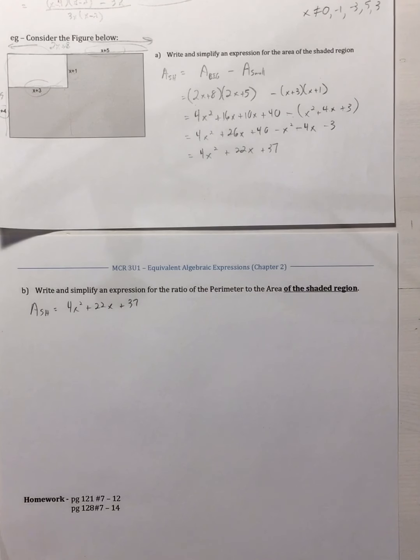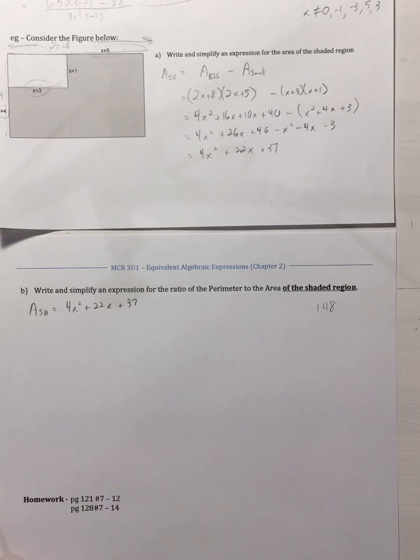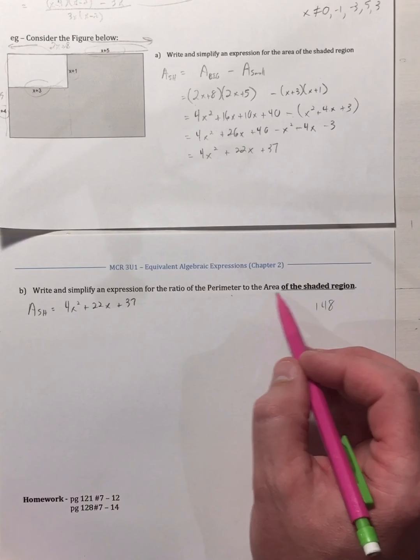That's 148. I don't know what multiplies to give me 148 and adds to give me 22. It's not 12. We'll have to figure that out. Anyway, what we want to do is ratio the perimeter to the area of the shaded region.